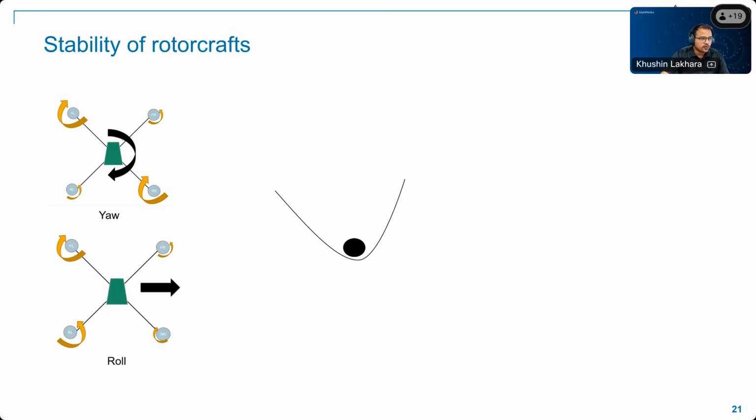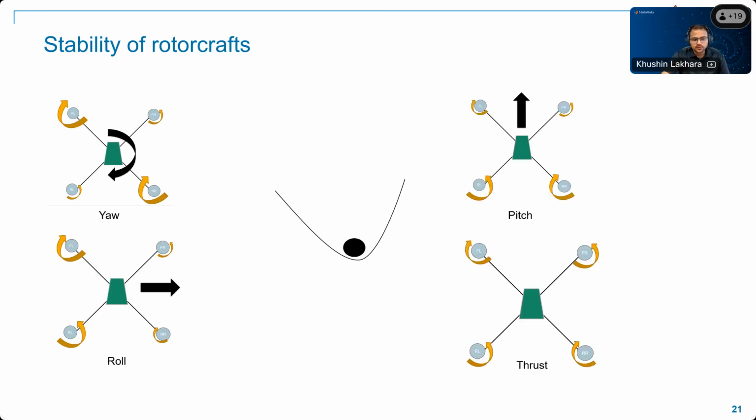Similarly, for roll, pitch, or thrust, there's no external or inherent factor which can bring it back to its original orientation or position. And that's why drones are unstable. UAVs are unstable, especially rotorcraft.